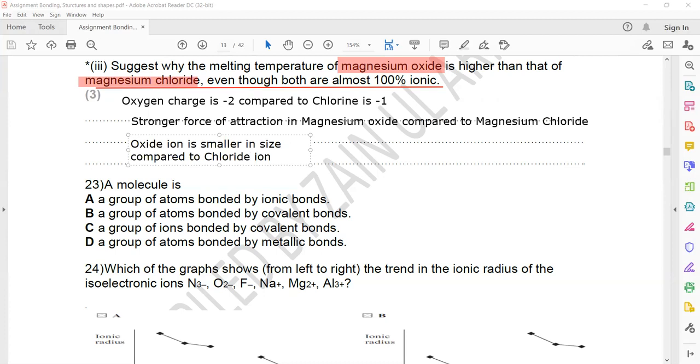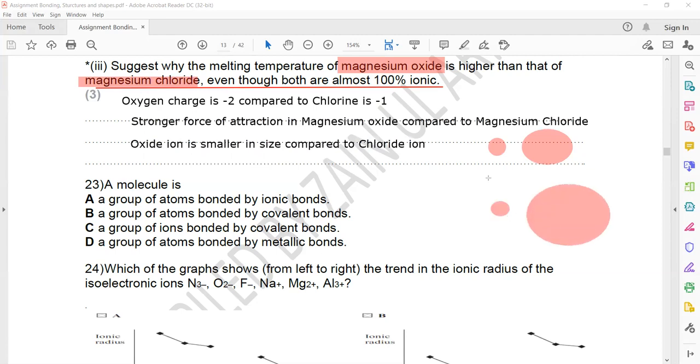So when ions are closer, they have a stronger attraction, that's why. So these are the points you should include. So compare why magnesium oxide will have a higher melting temperature as compared to magnesium chloride.